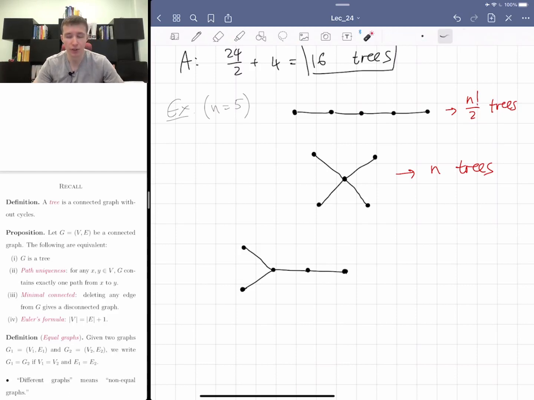If the degree of each vertex is at most 2, then your tree has to be a path. The degree of a vertex is the number of neighbors of your vertex. So if every vertex has at most 2 neighbors, then it has to be a path.